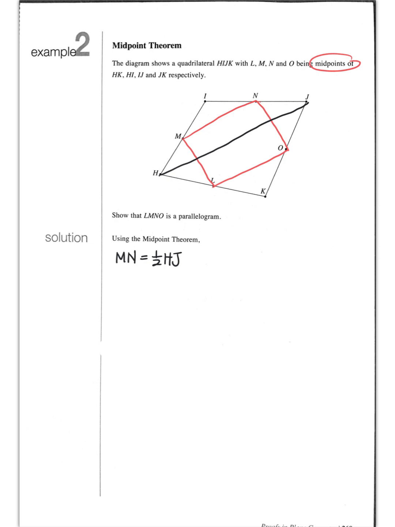Because M and N are midpoints of HI and IJ. So they already told you. So therefore, MN will be parallel to HJ and MN will be half of HJ.